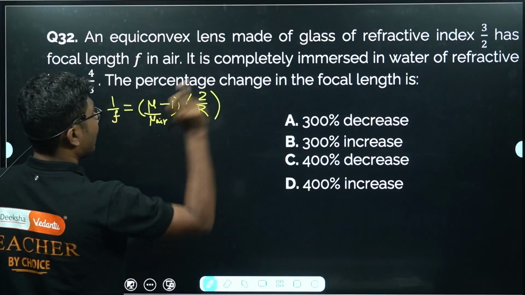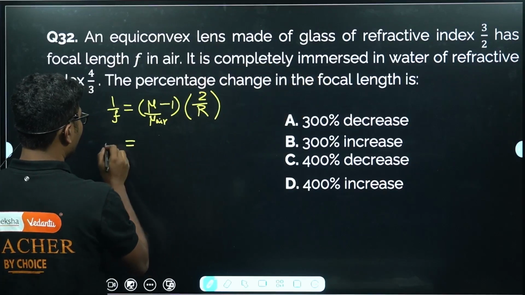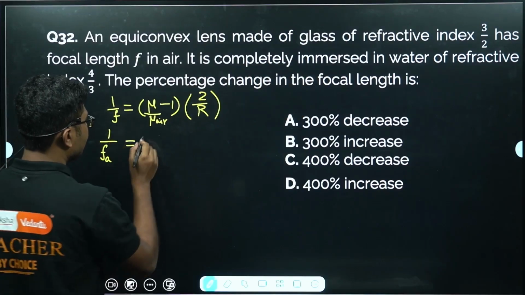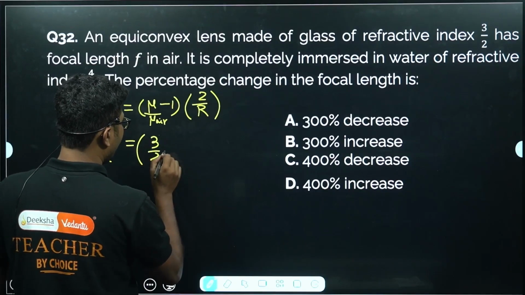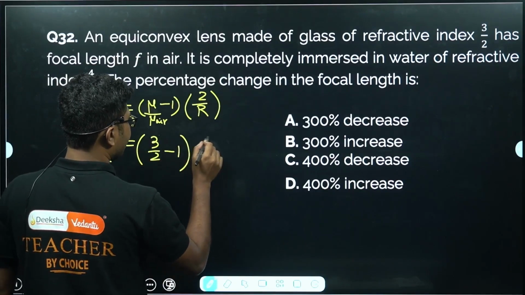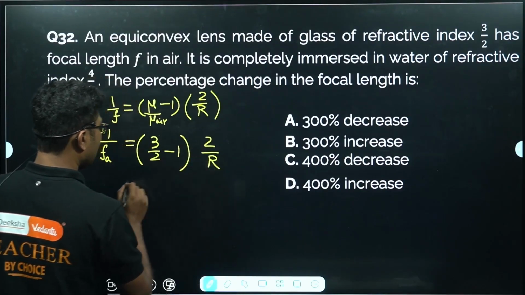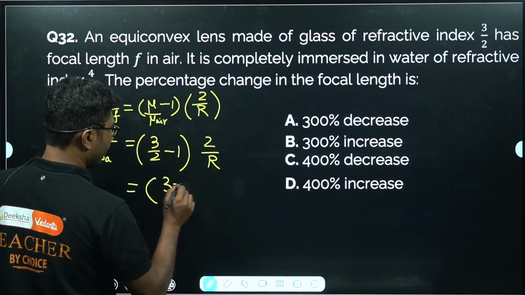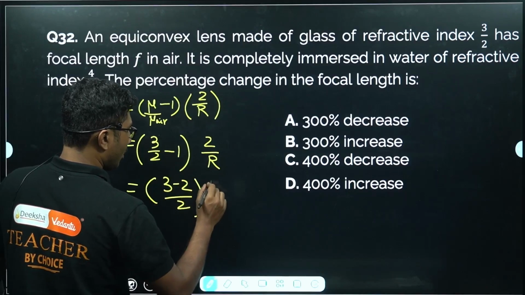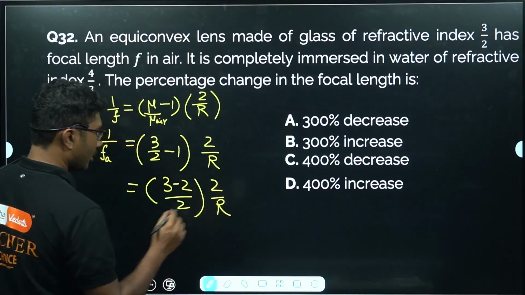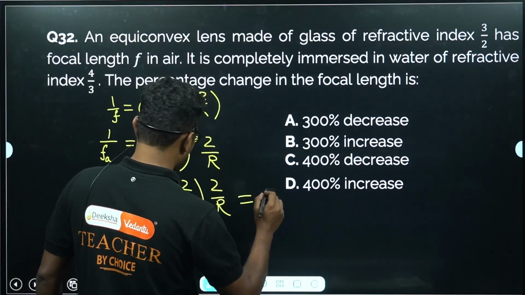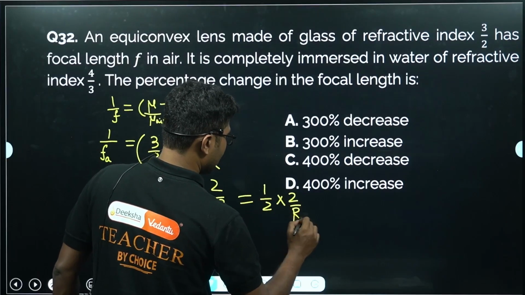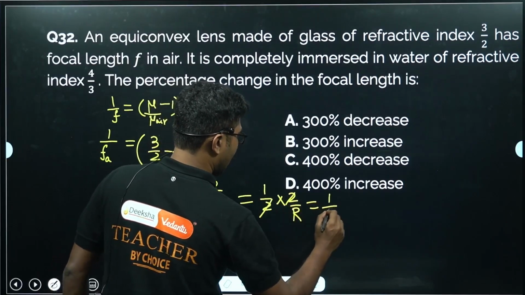So in the air, say focal length is f air, okay? So mu is 3 by 2 minus 1 times 2 by r, right? So it will be 3 minus 2 by 2 times 2 by r, or you can write this as 1 by 2 times 2 by r, 2 cancels, it is 1 by r.